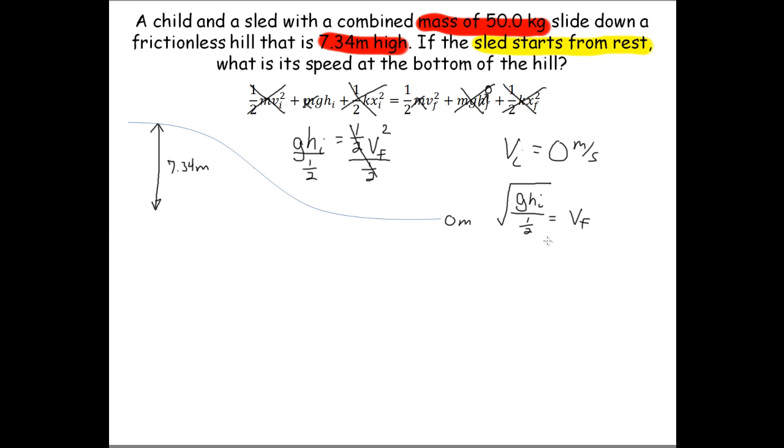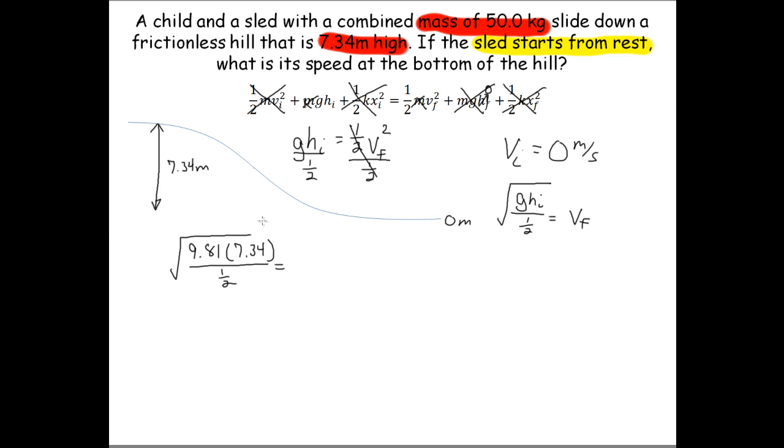Now it's just a matter of plugging in my numbers and working the math. If I do that, I get the square root of 9.81 times my height, 7.34, divided by 1/2.